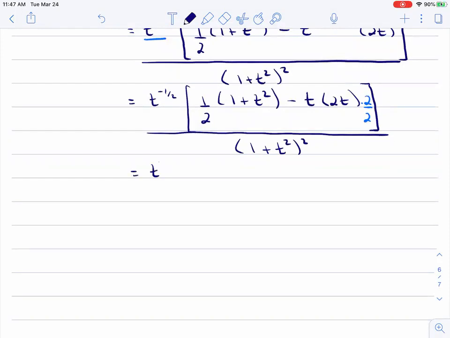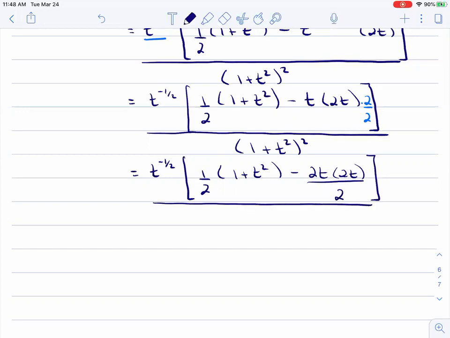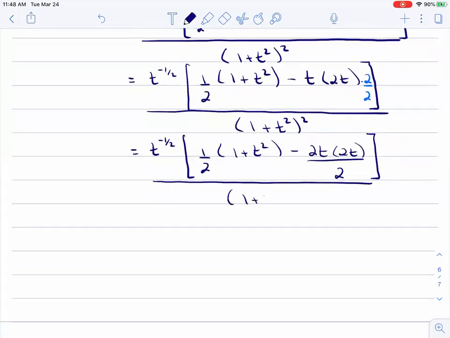Okay, which is t to the negative 1/2 times 1 over 2 times 1 plus t squared, minus 2t times 2t over 2, over 1 plus t squared, squared.